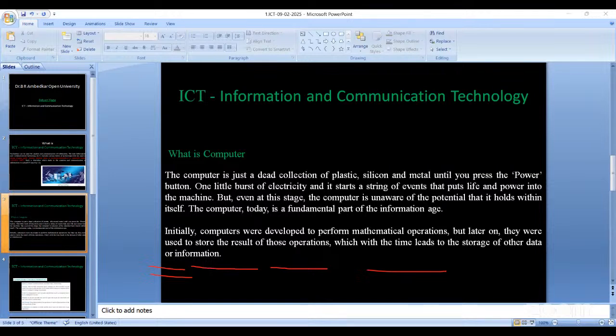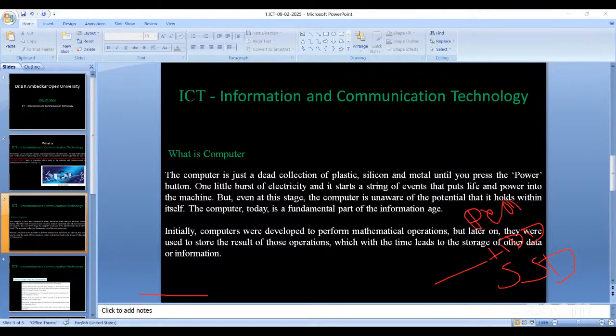Next one is data storage. There are so many components: HDD, hard disk drive, then SSD, and you can say pen drive. These are the components to store the data.